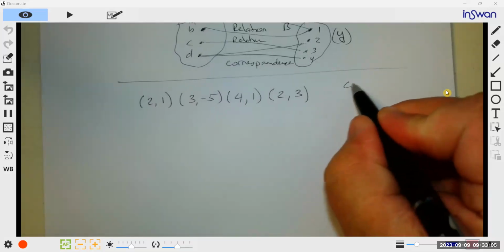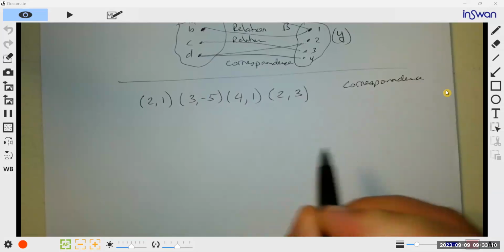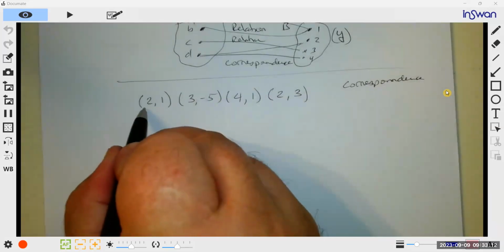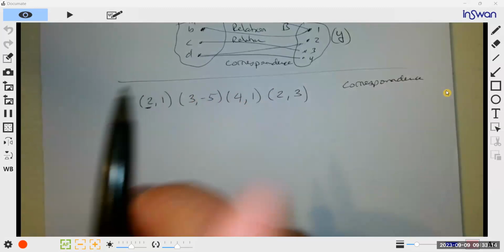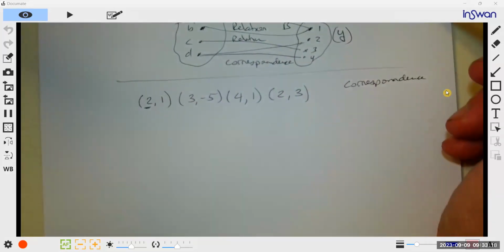Remember, for a relation, each x can only relate to one y.